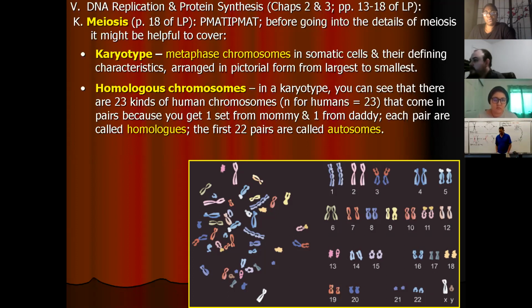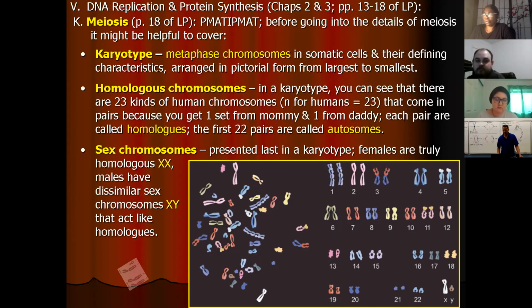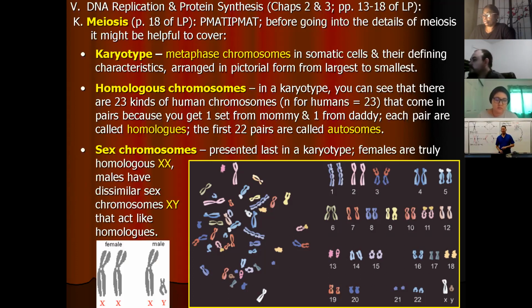But since you have a number 1 from mom and a number 1 from dad, when you put them together, we call those homologous pairs, or homologs for short. The first 22 homologous pairs are called autosomes. That'll become big later in the semester. And the 23rd pair are the sex chromosomes.